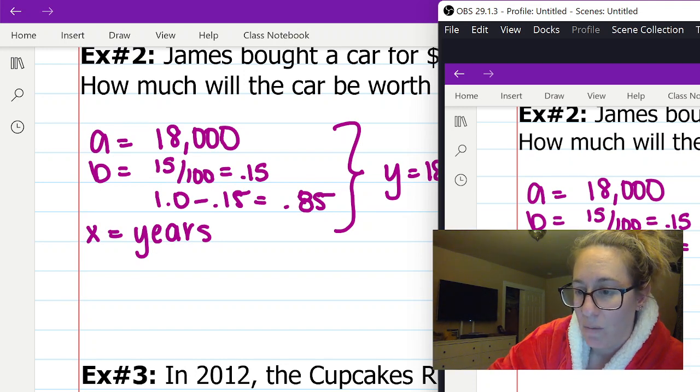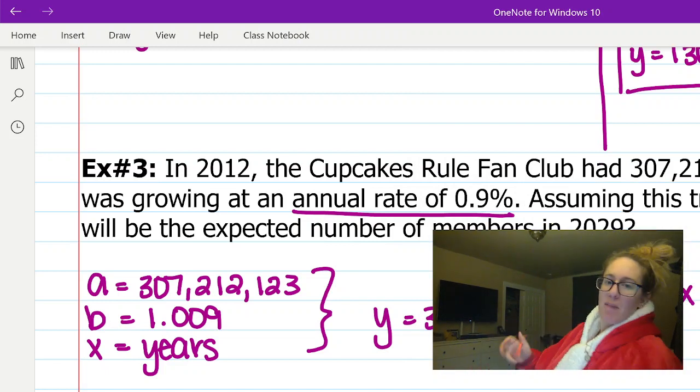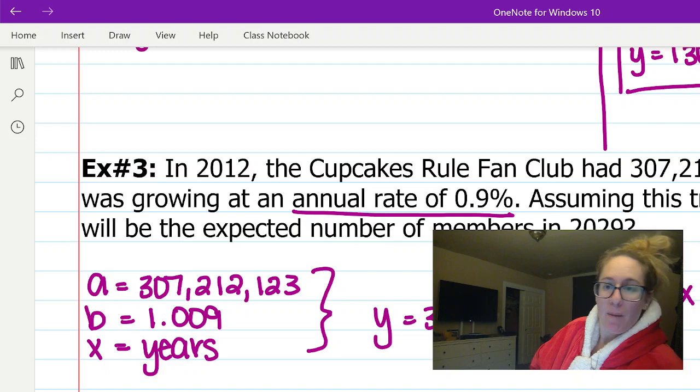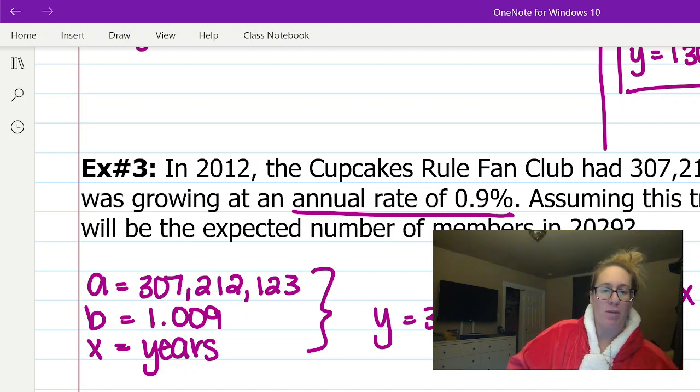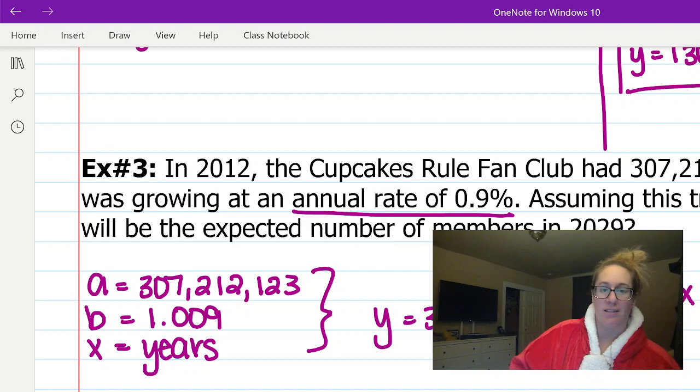All right, so pause. Okay, hopefully you guys paused and did that problem. If not, then you should have. But anyways, here's the outcome. So your A value is that 307 million number. Your B value is going to be 1.009. X is representing your years because it does say an annual rate. That would be yearly.